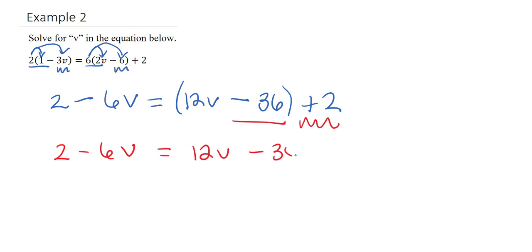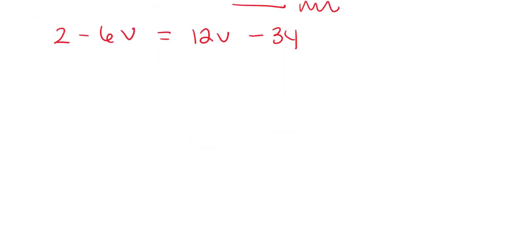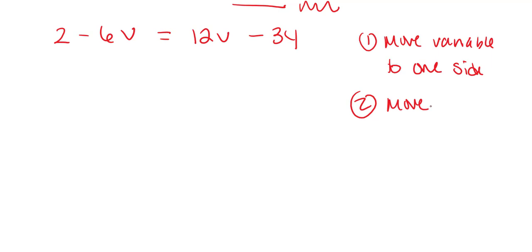So that's minus 34. So I like to move the variable to one side. Then we're going to move the pure numbers, as we'll call it, to the other side.